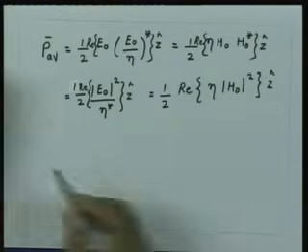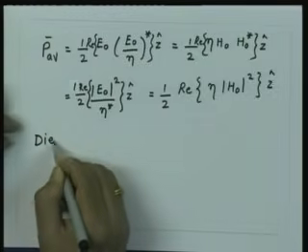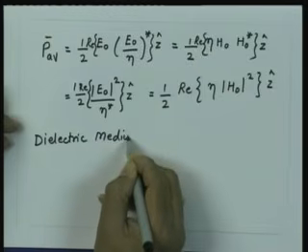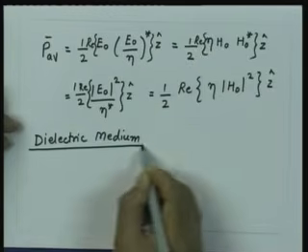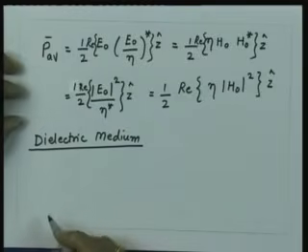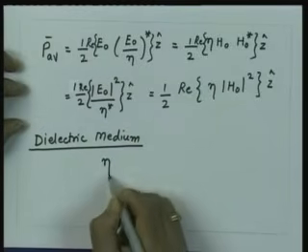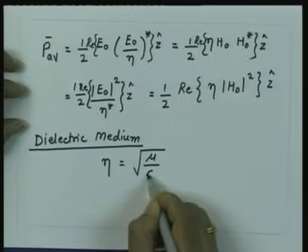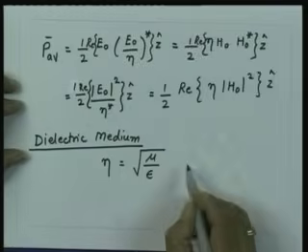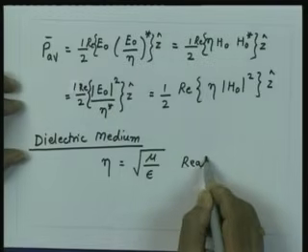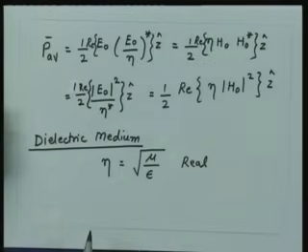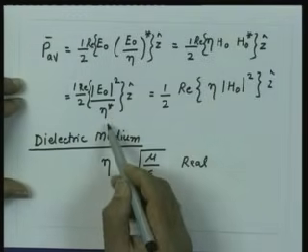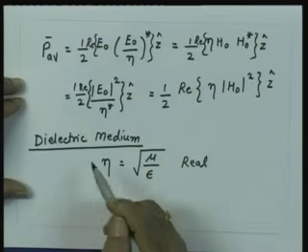Now if I take a medium which is an ideal dielectric medium, that means there is no conductivity in this medium, we know that eta is square root of mu upon epsilon. So this quantity is real for an ideal dielectric medium, and eta conjugate is the same as eta.